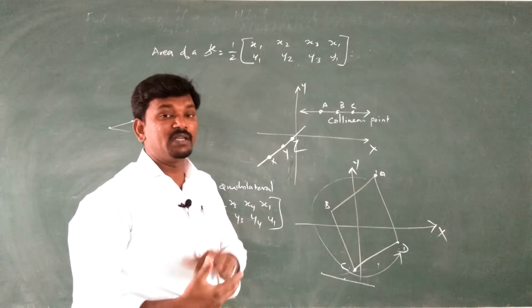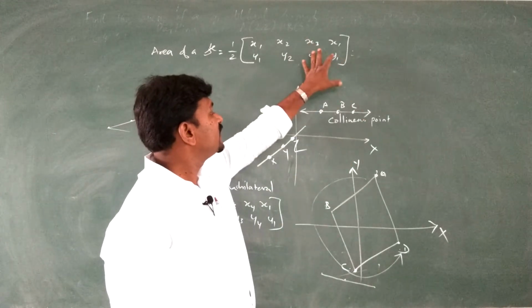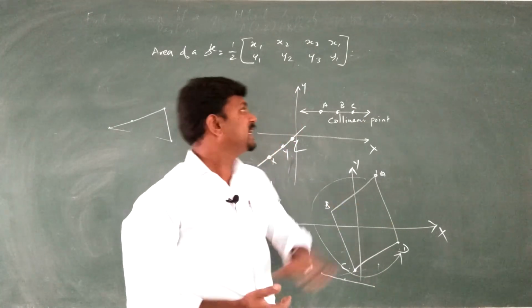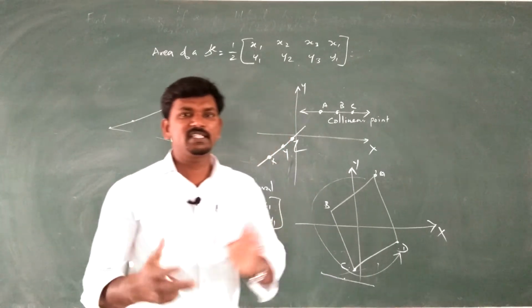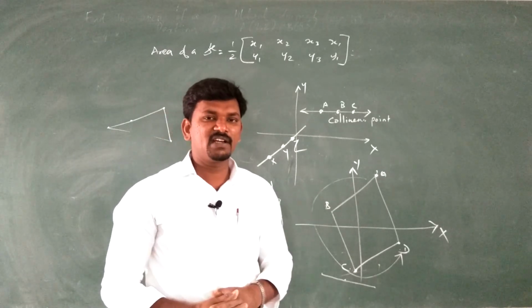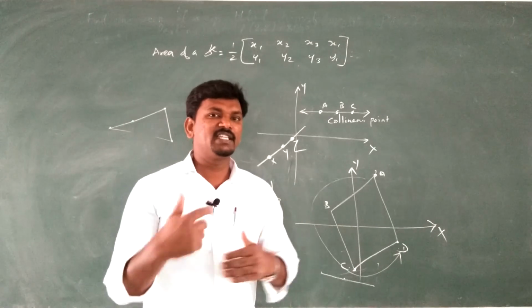So the 3 possibilities are there. That also we have to understand. In a triangle, if you join 3 points, definitely we will get a triangle, or it must be collinear. Okay, you understand? The next concept is very interesting, more interesting than this concept. We will see it in the next video.